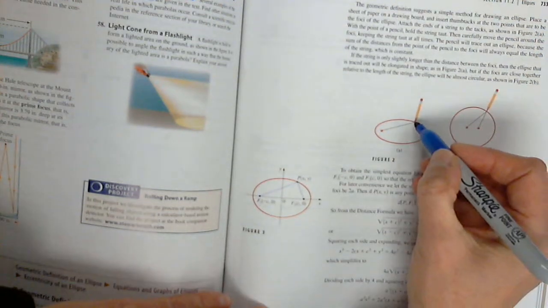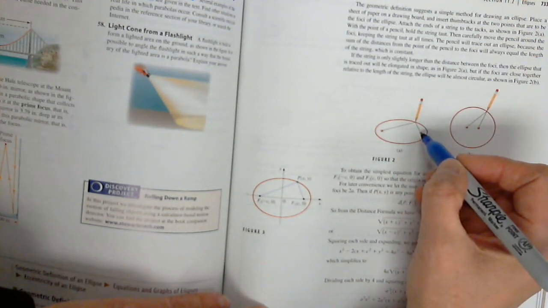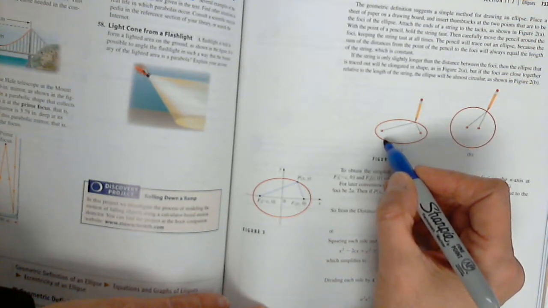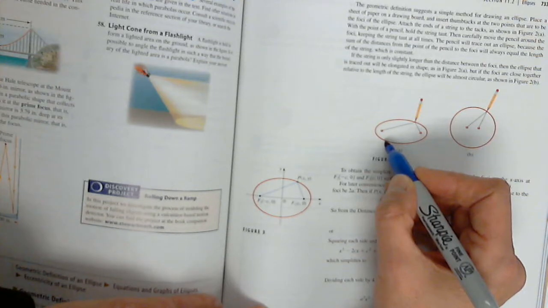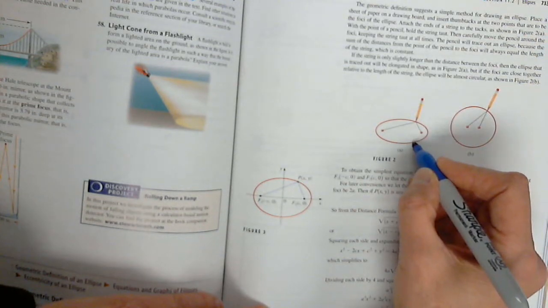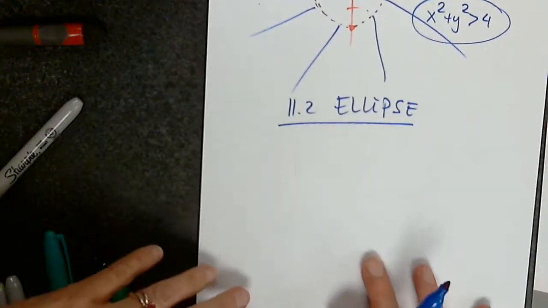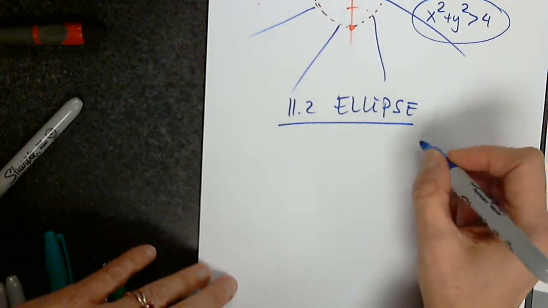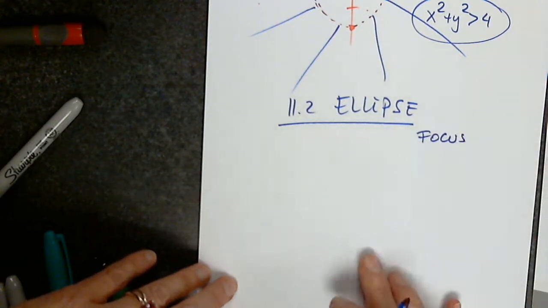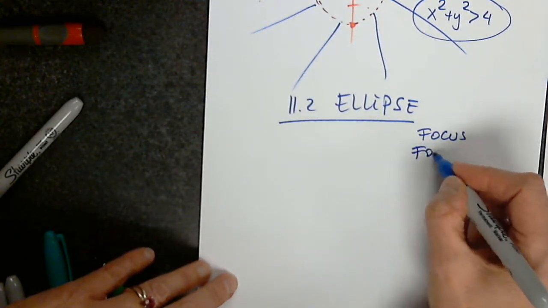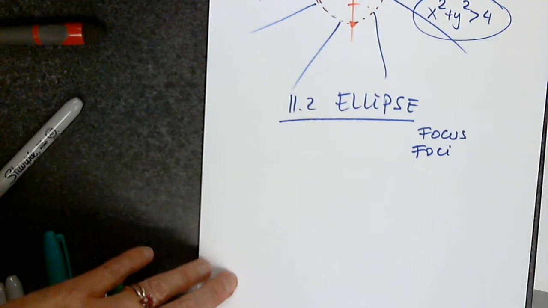So this point, this plus this, will equal the distance this plus this from this point, will equal the distance of this plus this from this point. These two points are called foci. So let me graph this for foci. Focus, singular, foci, plural.